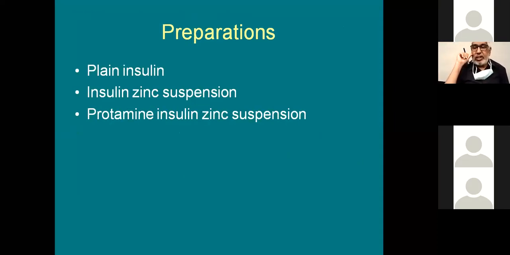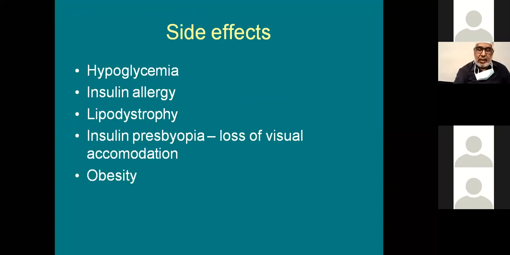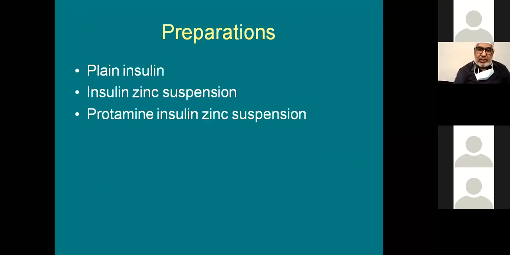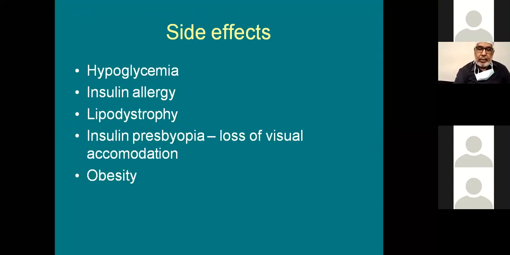अब इसके बहुत सारे preparations available हैं. Plain insulin, insulin zinc suspension, protamine zinc insulin suspension. अब उसके preparations के types जो हैं वो भी हम आगे चल के discuss कर लेंगे, लेकिन इनके side effects क्या हैं insulin preparations के?